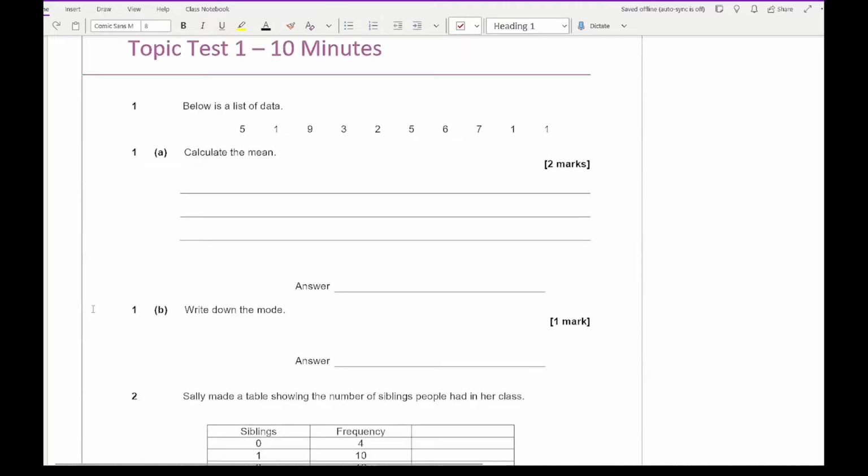So the first question says, below is a list of data, and the first thing we need to do is calculate the mean. So for this, we first need to recognize how we calculate the mean. Well, we do that by adding up all the numbers and dividing by how many numbers we've got.